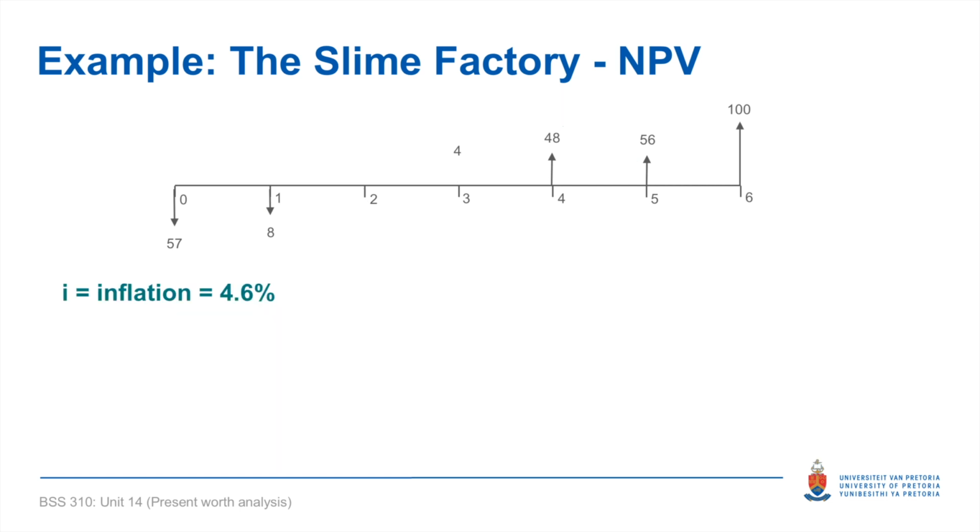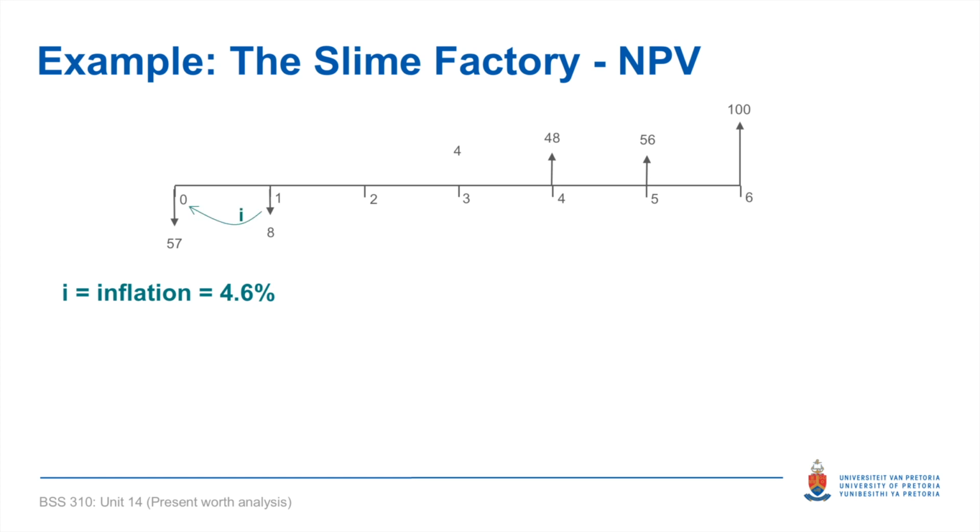But how do we do that? So let's imagine that our I is inflation, which at this point, when I googled it today on Statistics South Africa, the CPI was 4.6% year on year, which means on average consumer prices increase by 4.6% year on year.